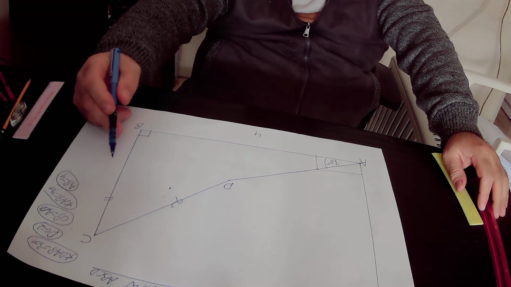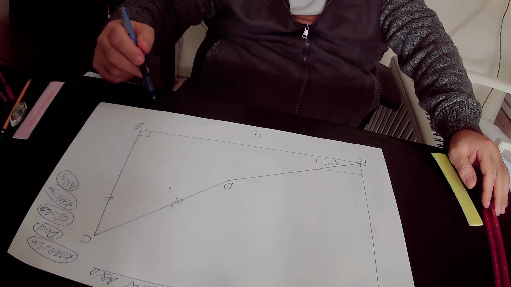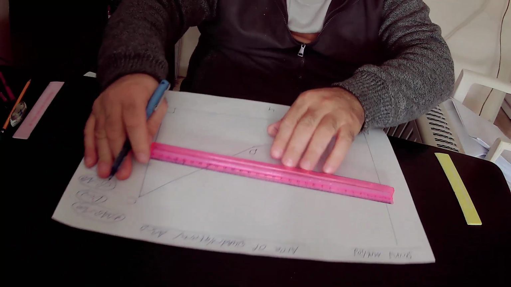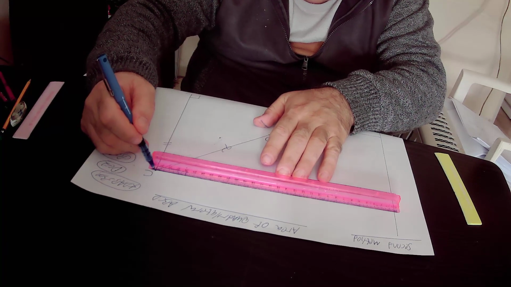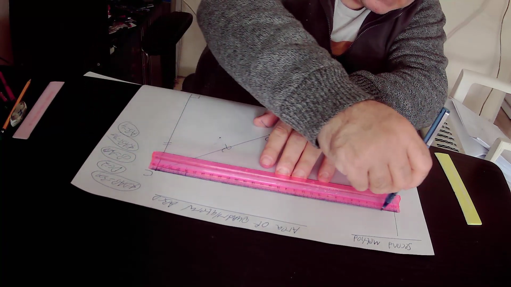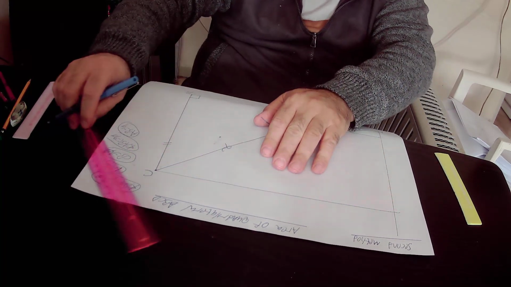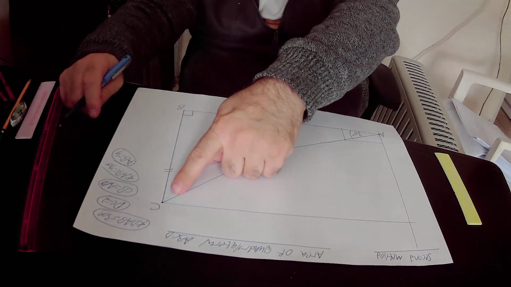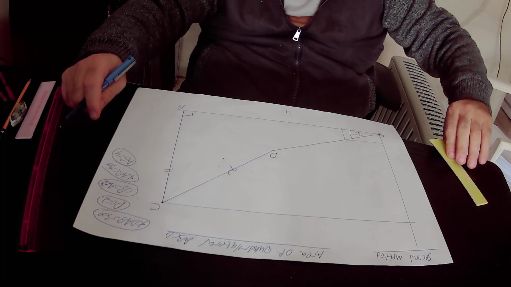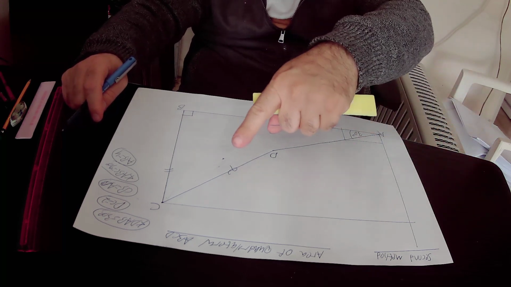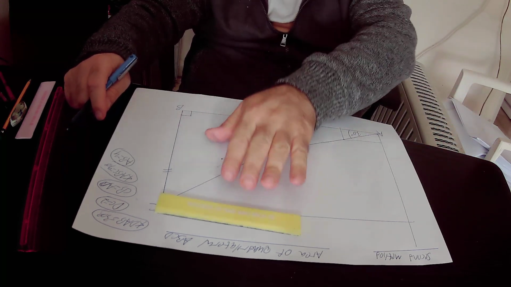From point C, we will draw a perpendicular to CB. So this angle will be a right angle, equal to 90 degrees, because we draw a perpendicular to CB from point C.